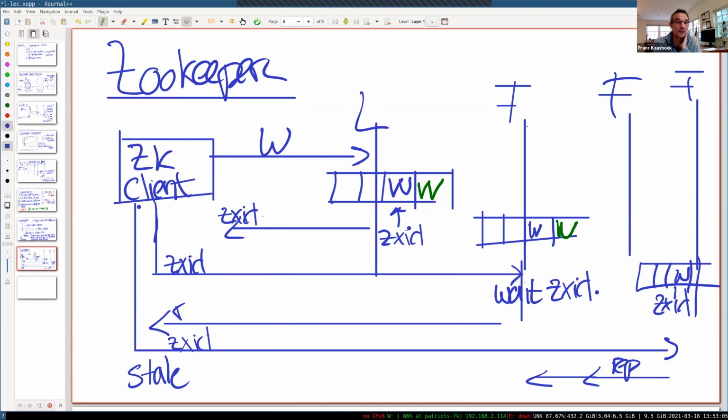No, what this ZXID basically says is that it counters going back in time. The ZXID says that you, as a follower, have to return me a result that at least includes the prefix of the log through that ZXID. You might have more, that'd be fine too, but at least through that ZXID. And this just stops that one case where you're reading back in time. Okay, awesome. Thanks.